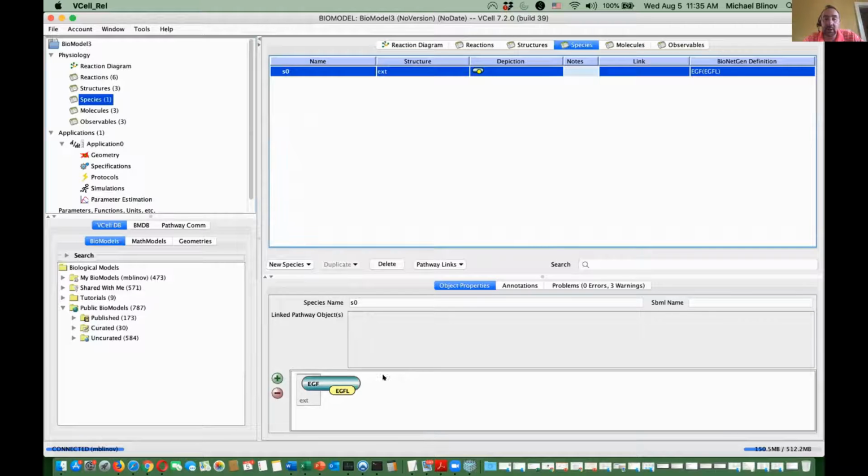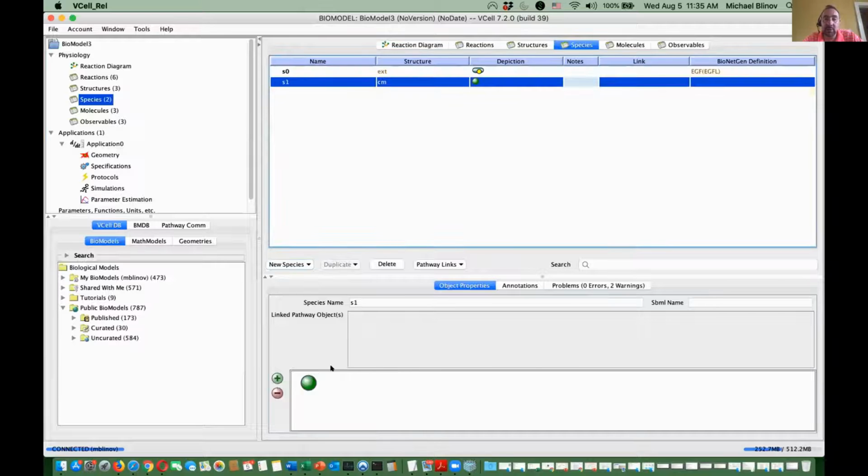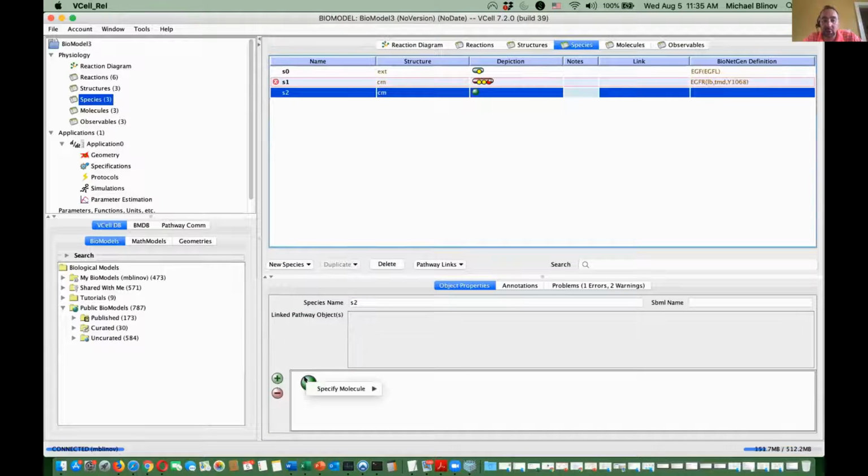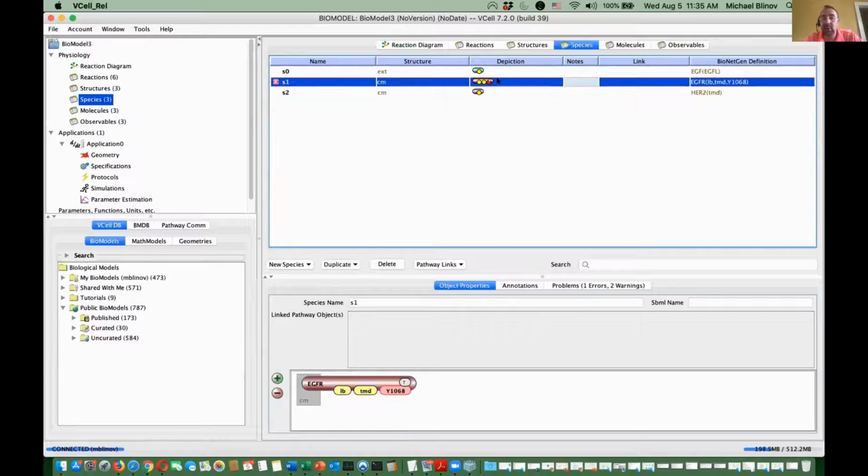and then in the membrane you have a species EGFR, and in the membrane you have another species which is HER2, and it immediately pops up an error and starts flashing, because this is not a species, it's a collection of species, because a species is a uniquely defined molecular entity.